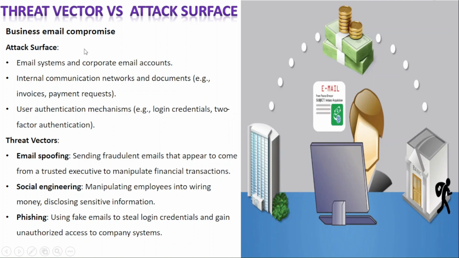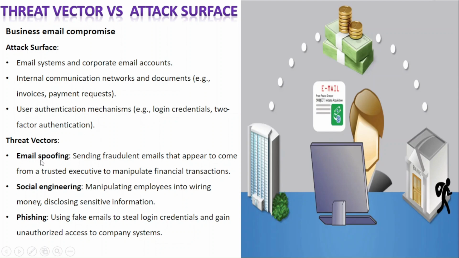Business email compromise. So again, we are talking about the business, and the attack surface again includes the email system and corporate email accounts, internal communication networks and documents, for example, invoices and payment requests, and user authentication mechanisms, again login credentials and two-factor authentication.